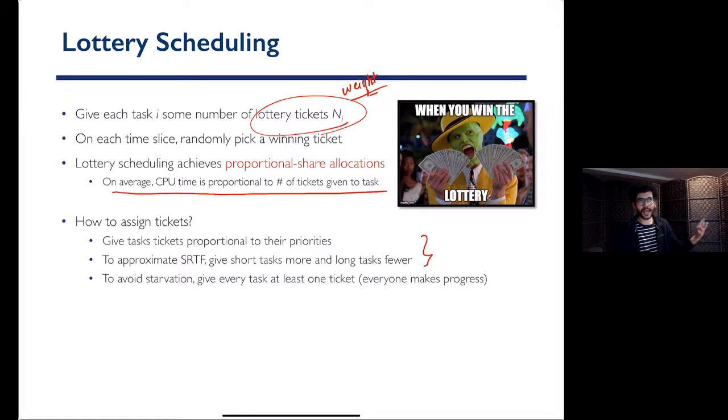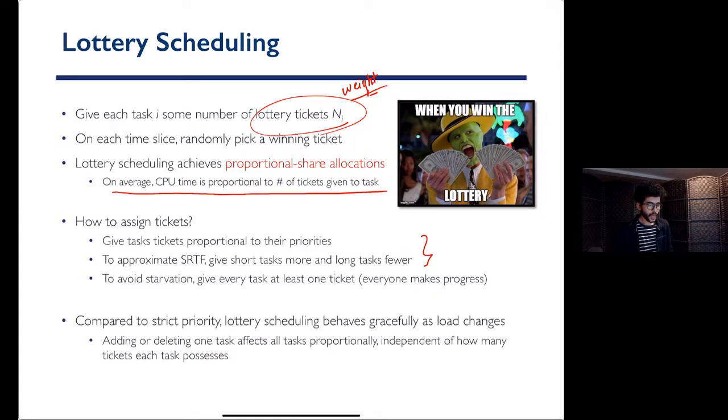I can look at tasks, and if I realize that one task is shorter than the other, then I can increase their lottery tickets. So that's also possible. Somehow we need the lotteries to reflect the priorities of our tasks. So either it would be given to us by the user, or we make a decision on how to give them the lottery tickets.